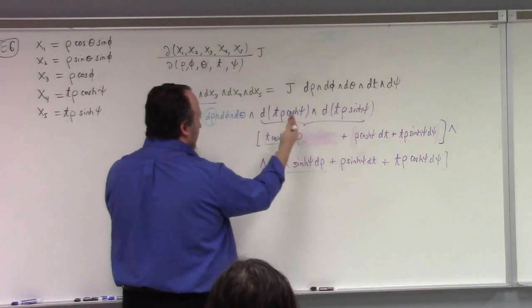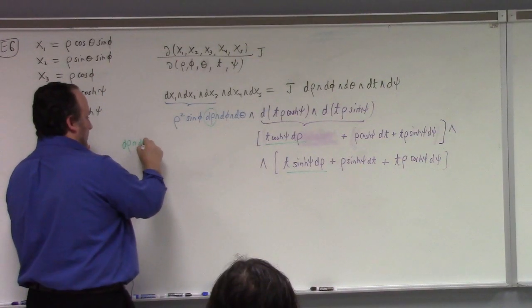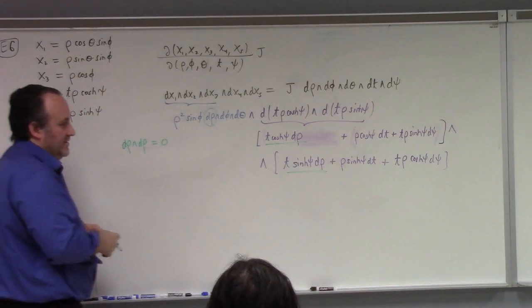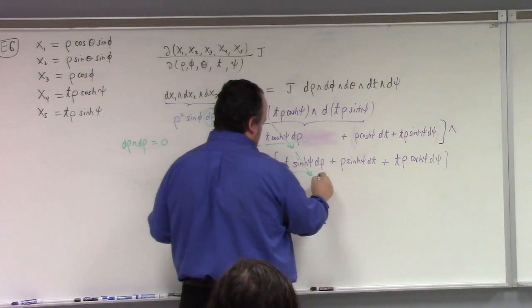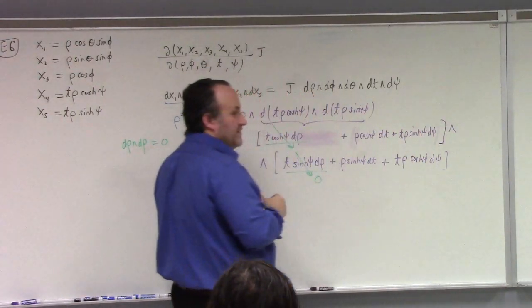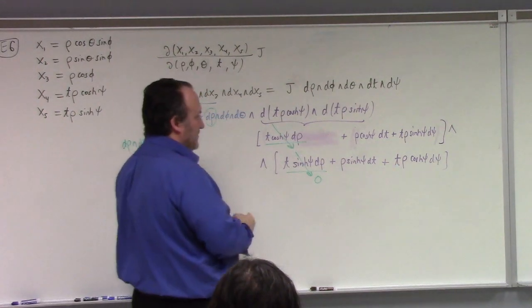I can move the d rho over, and eventually I get d rho wedge d rho, which is 0, and 0 wedged with anything is 0. So I can drop those terms and take the wedge product of this and that, which we already just did.